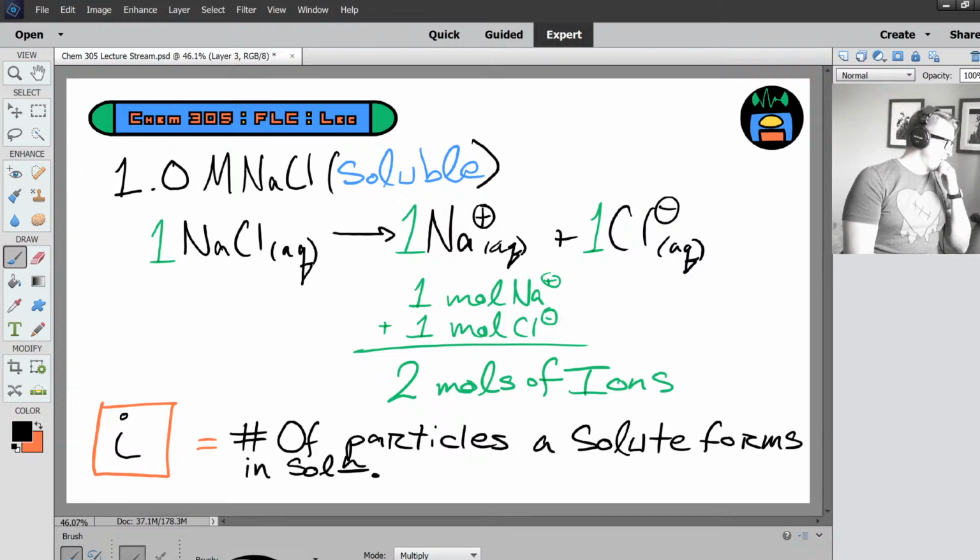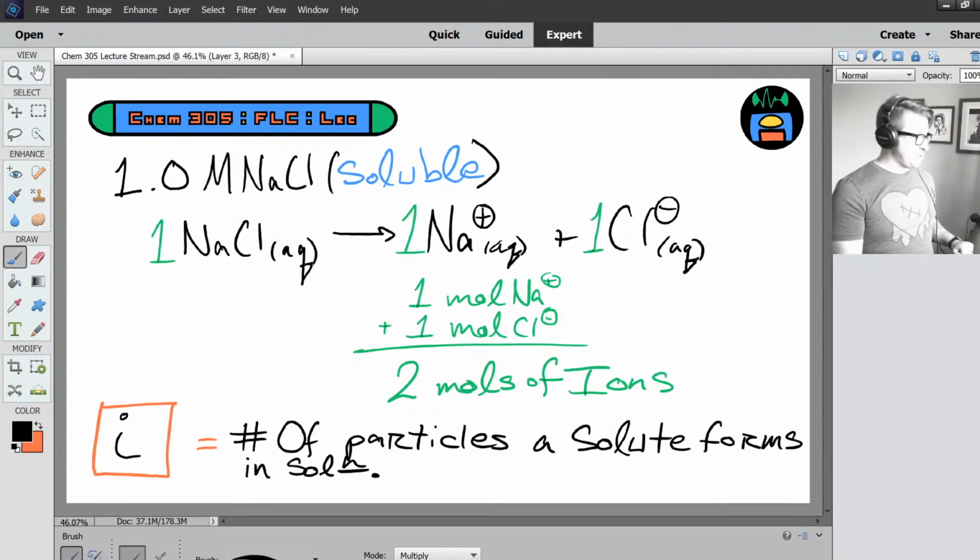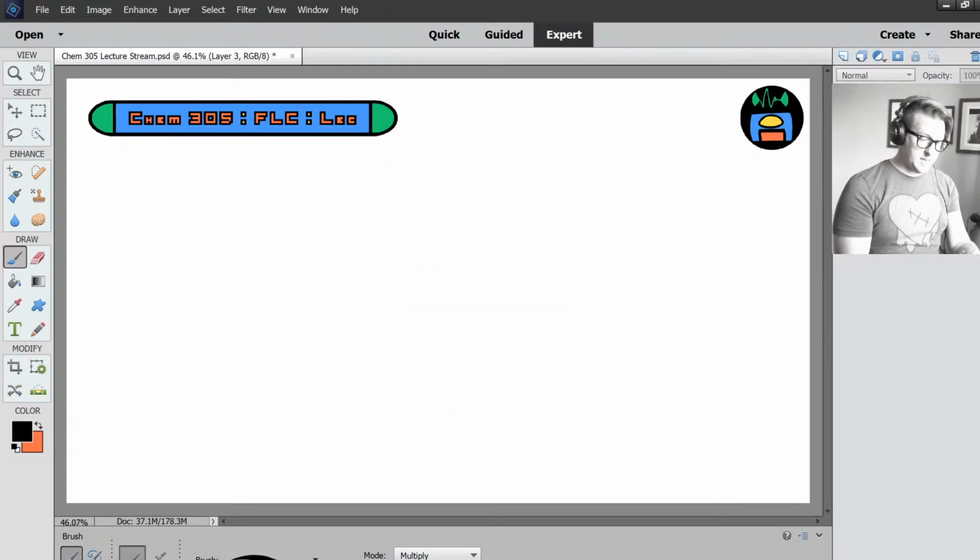We're going to use i to calculate a quantity known as the osmolarity. All right, this will be our last concentration unit of the chapter.